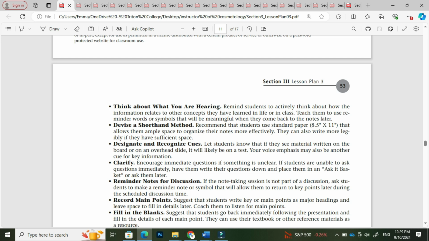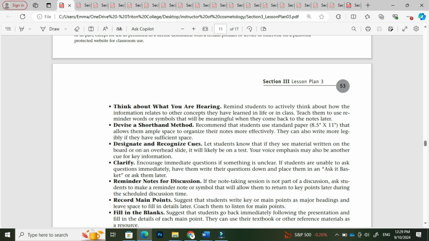Remind students to actively think about how the information relates to other concepts they have learned in life or in a class. Teach them to use reminder words or symbols that will be meaningful when they come back to the notes later.